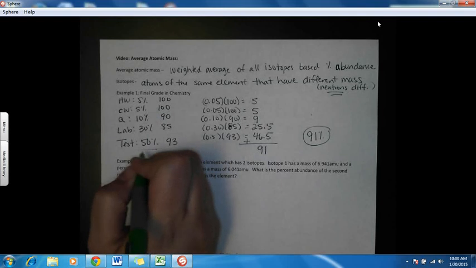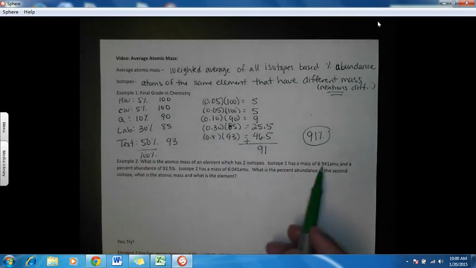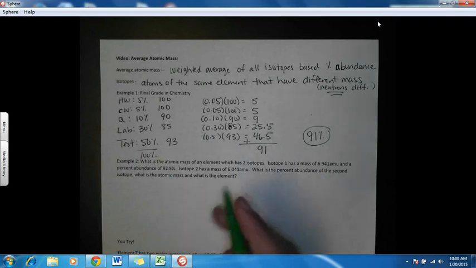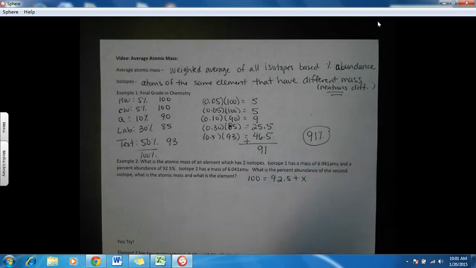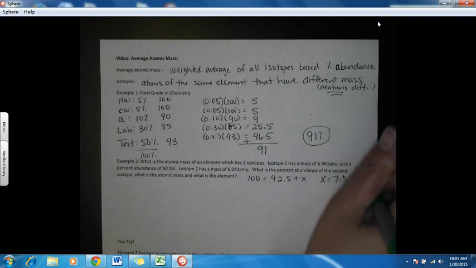Right, 100. Likewise, these percent abundances have to equal 100 as well. So if one of them is 92.5, what's the other one? So we just subtract from 100, right? And we get 7.5. And that would be a percent.